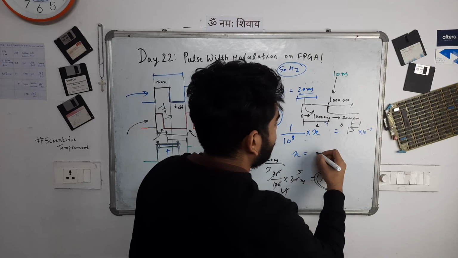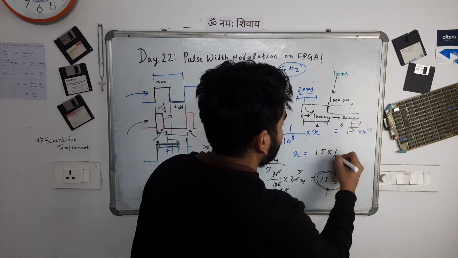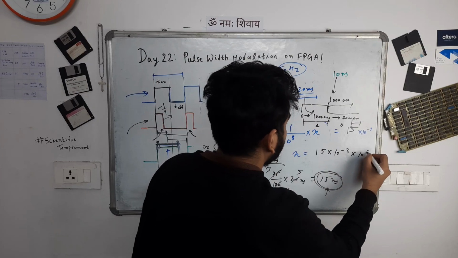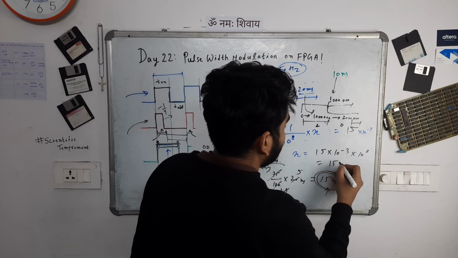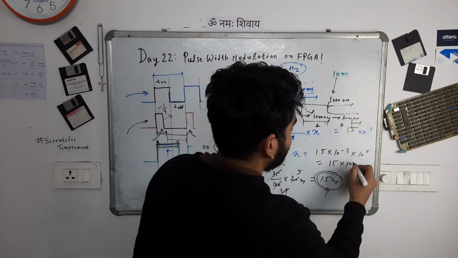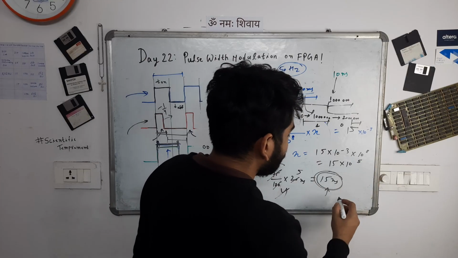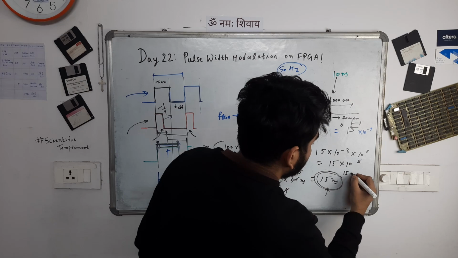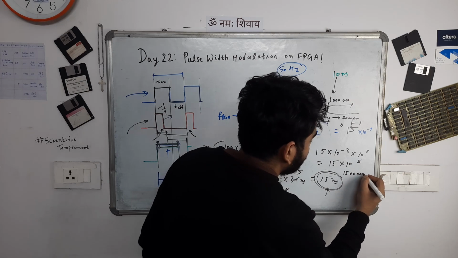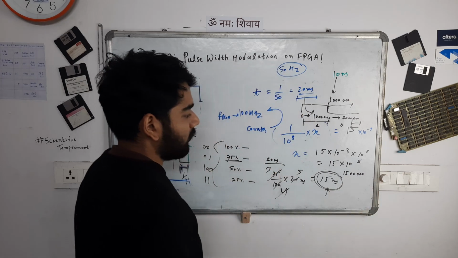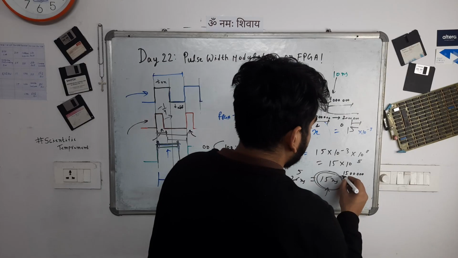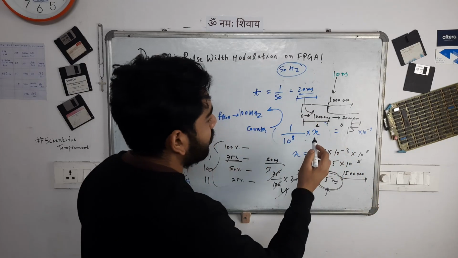So x is equal to 15 into 10 to the power minus 3 into 10 to the power 8, and this is simply going to be equal to 15 into 10 to the power 5, which will give you 15 and 5 zeros, right? 1.5 million.